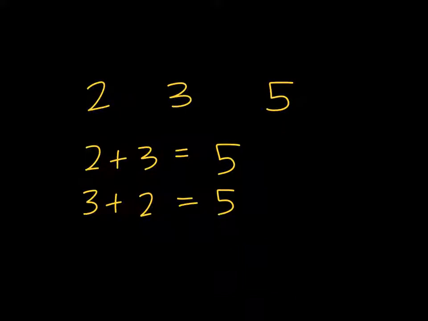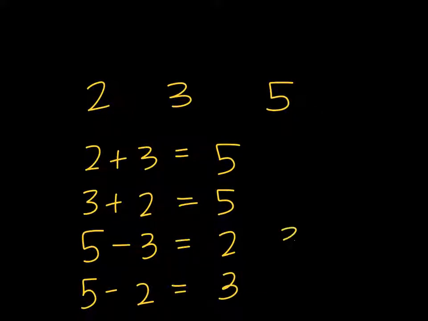You can't use negative numbers, but you have to use 2, 3, and 5. 5 minus 3 is 2. That's using subtraction. 5 minus 2 is 3. Does it work to do 3 minus 5? No, because the commutative property doesn't apply to subtraction.